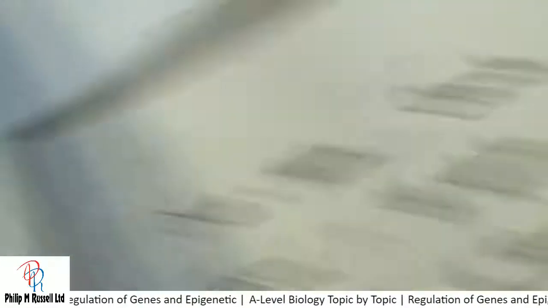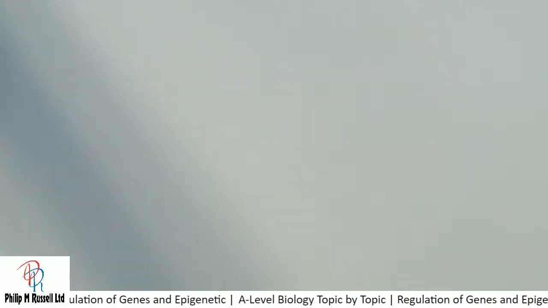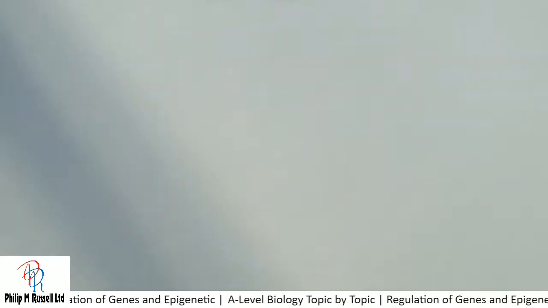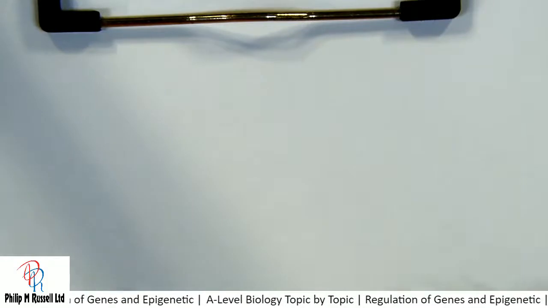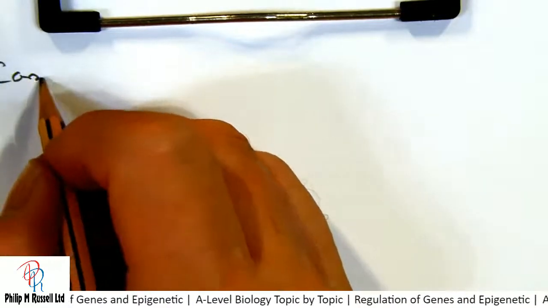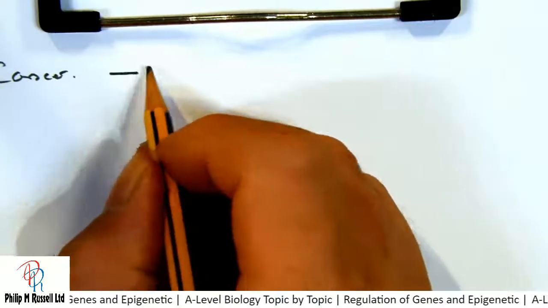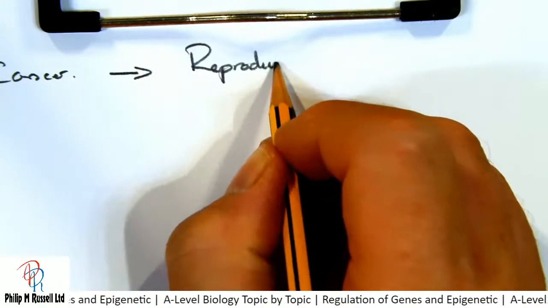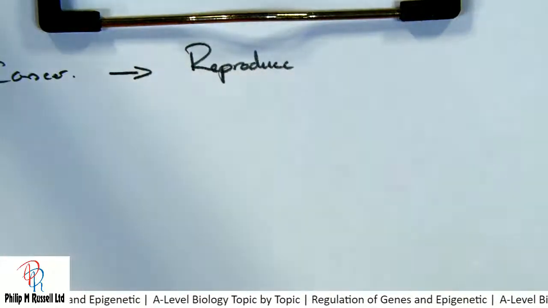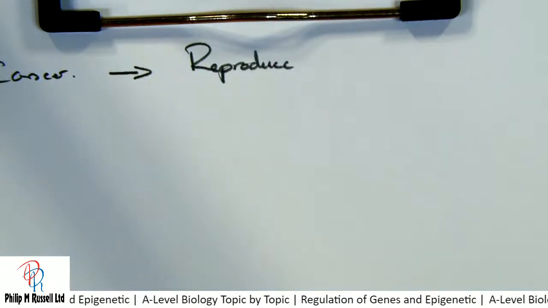Well, cancer, and this is going to affect cell division. A cancer cell basically is a cell that is going to reproduce. All our cells reproduce, but these reproduce all the time.